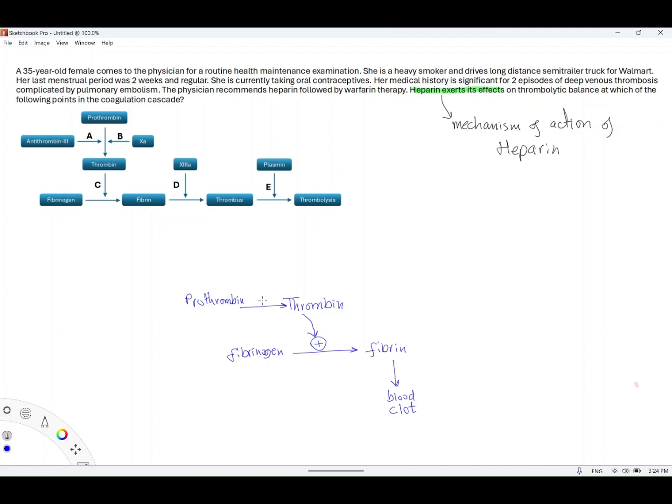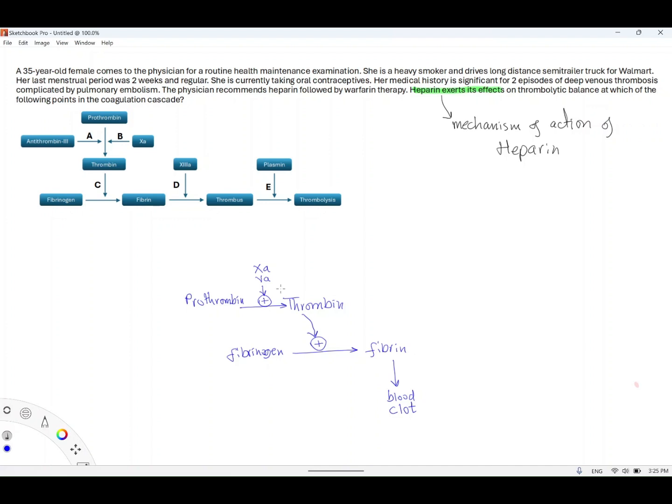Now, what are some factors that will convert prothrombin to thrombin? These are all the other clotting factors, specifically 10A, which means activated clotting factor 10, and clotting factor 5, the active form of it.